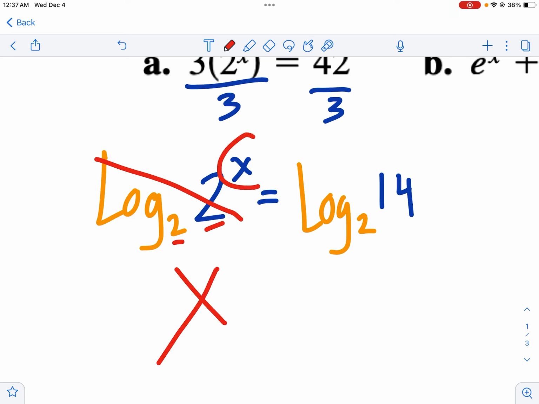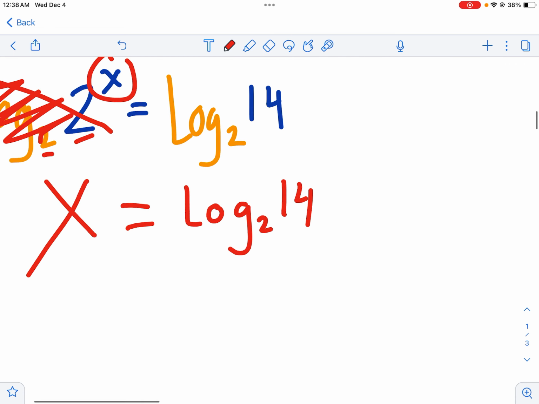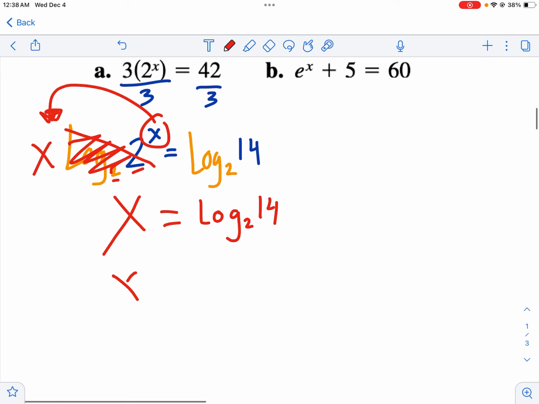So what really happened with this x is, remember the rules of exponents, it actually comes to the front, and then this reduces to 1. So you have x is equal to log base 2 of 14. And that's simply just put that in a calculator.